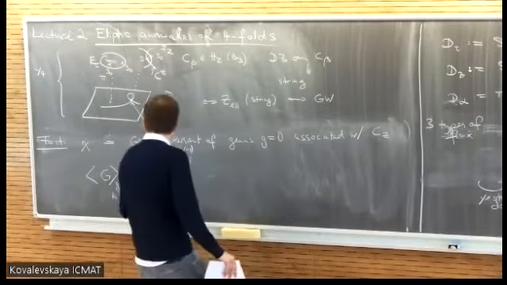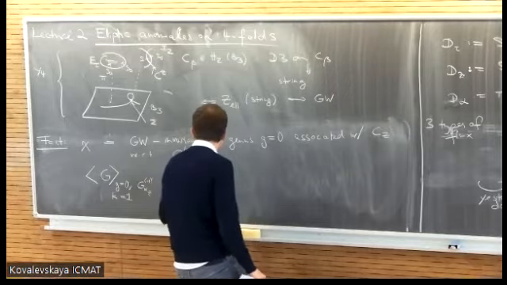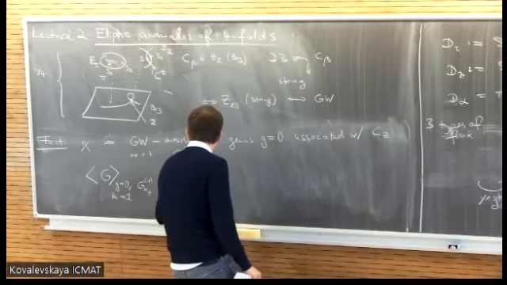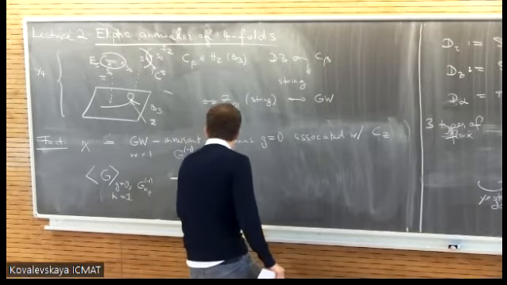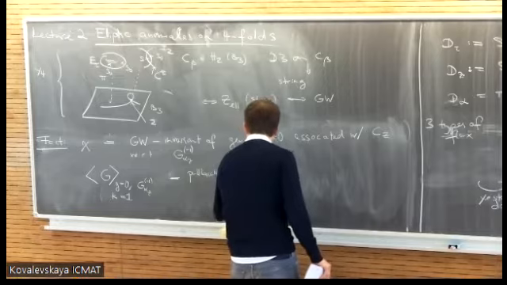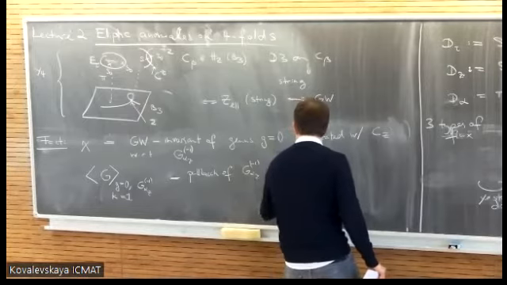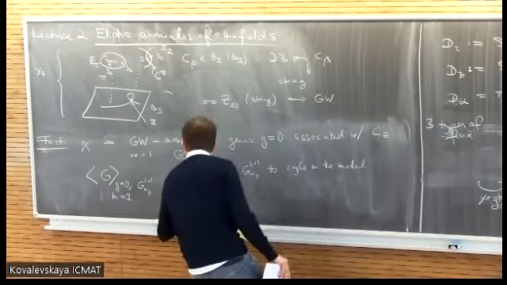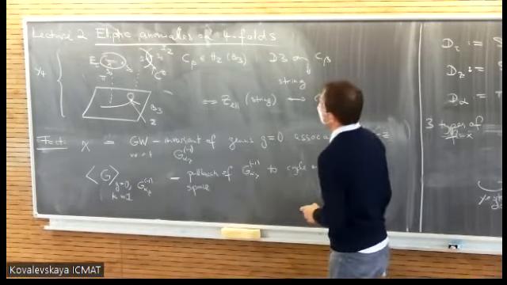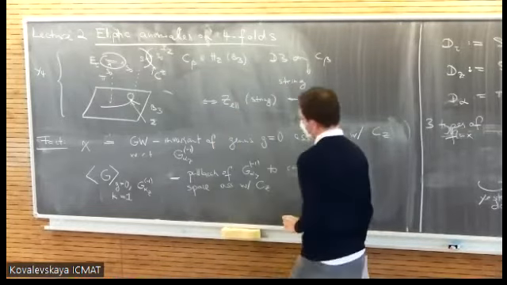So this would be the pullback of G to the moduli space, to the cycle in the moduli space of stable maps associated with CZ, so to speak.